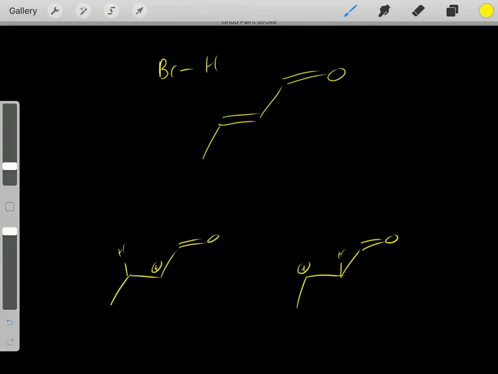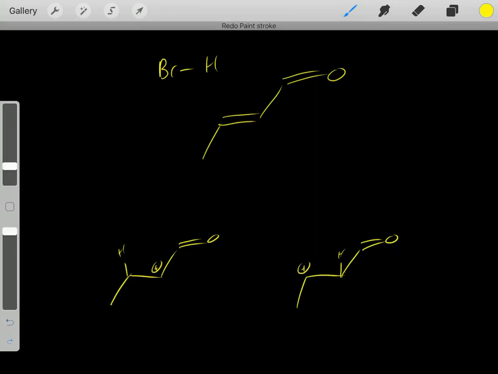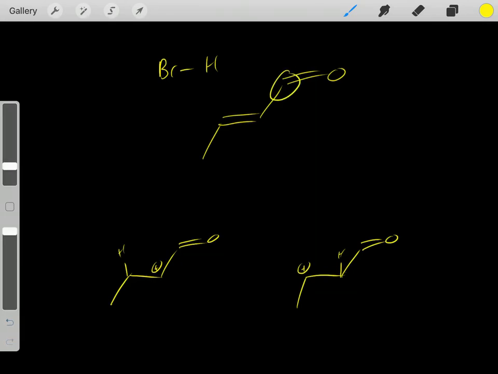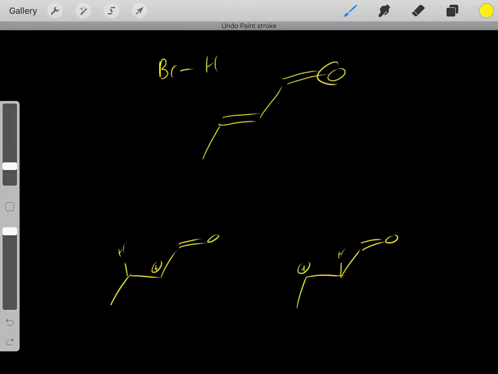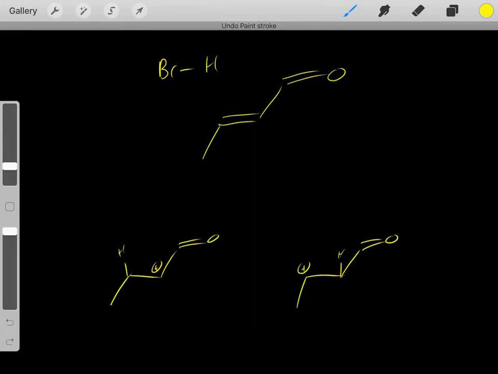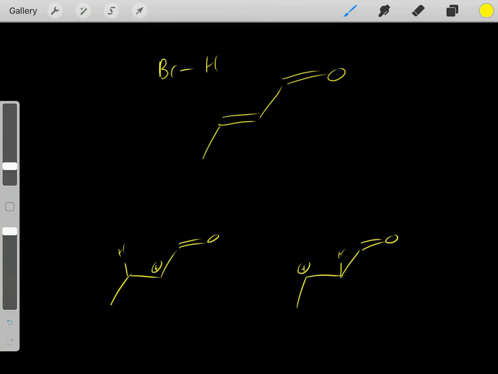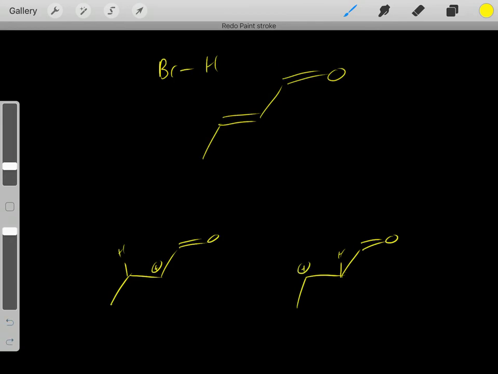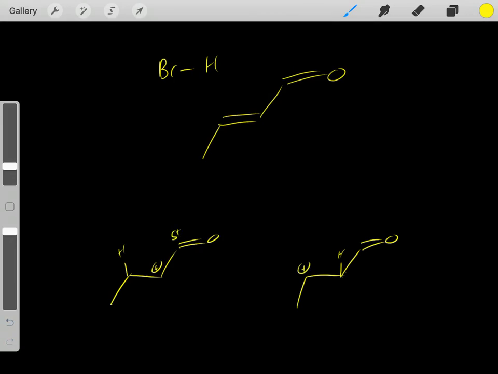We know oxygen is very electronegative, so it's pulling a lot of electron density. It's essentially stealing electrons from this carbon, so that oxygen is getting all those electrons for itself. So now this carbon has an electron deficiency because this oxygen stole all those electrons. So this carbon is partially positively charged. So we know this carbon is partially positively charged and this carbon is partially positively charged.